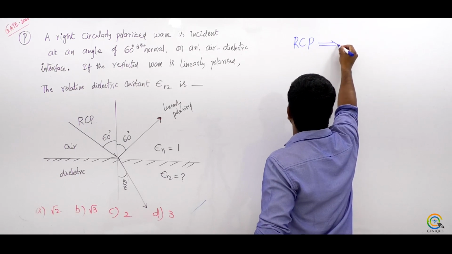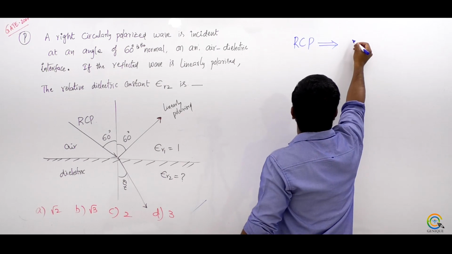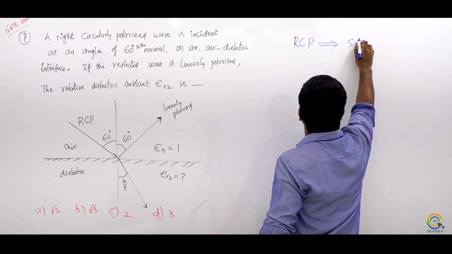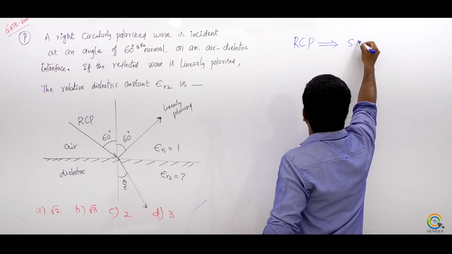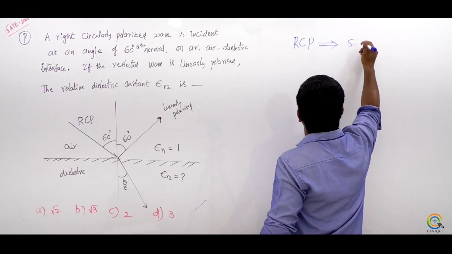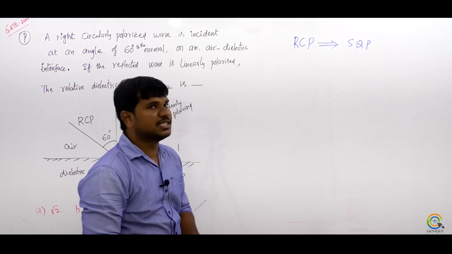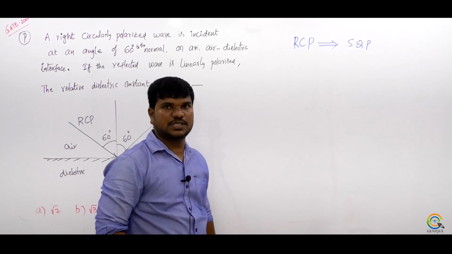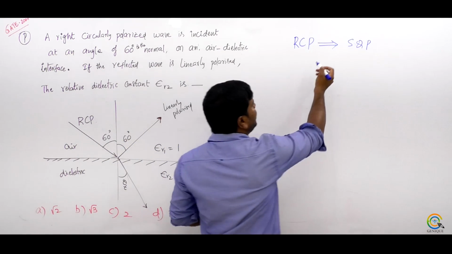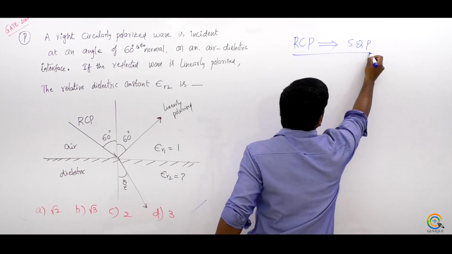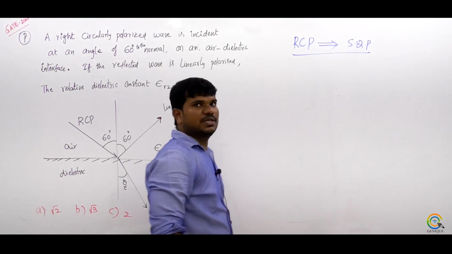The right circularly polarized wave will have S polarization and P polarization. The right circular polarized wave will consist of S and P polarized waves.